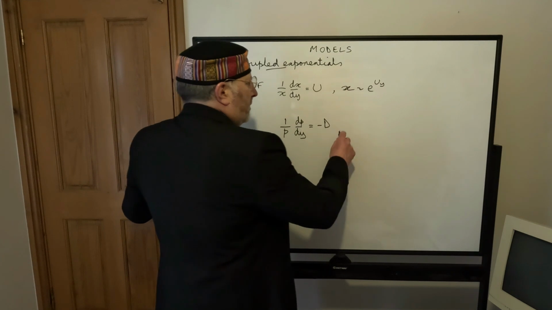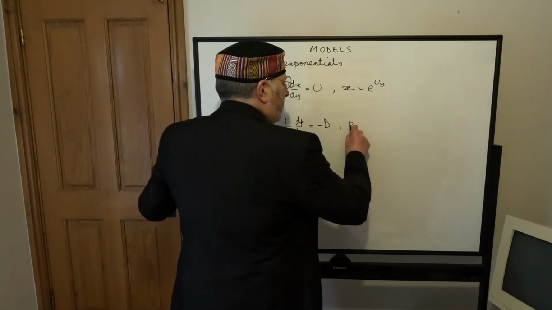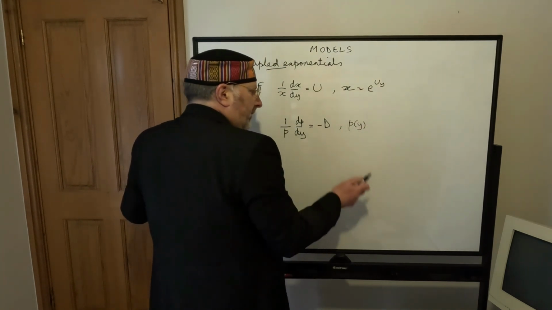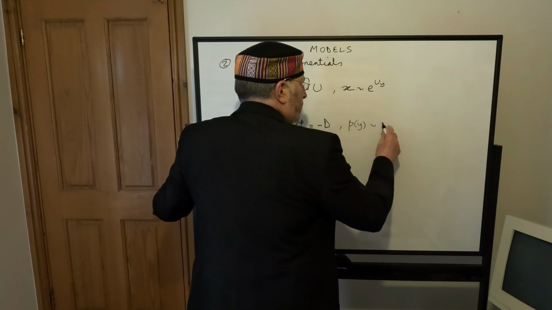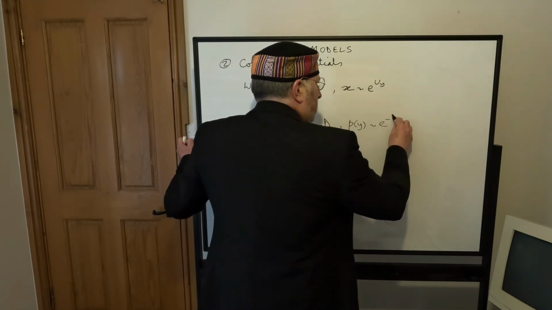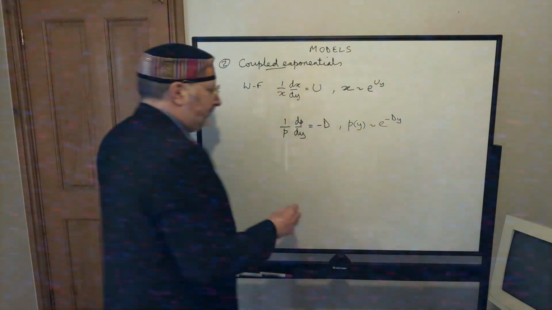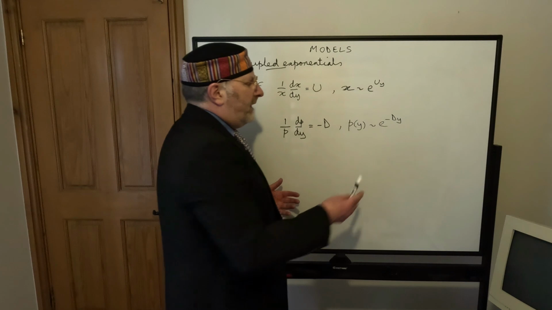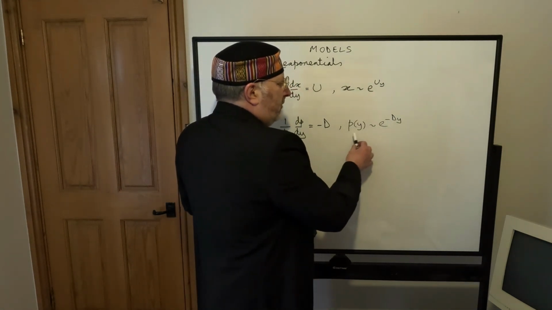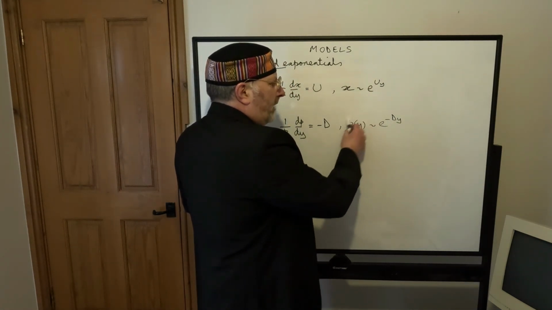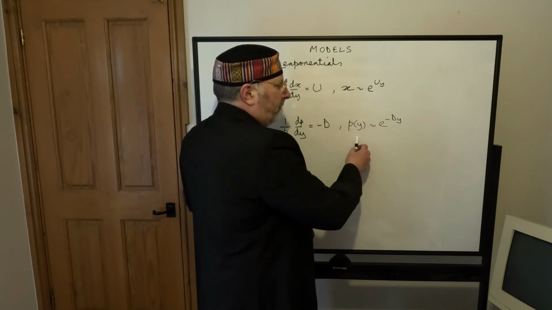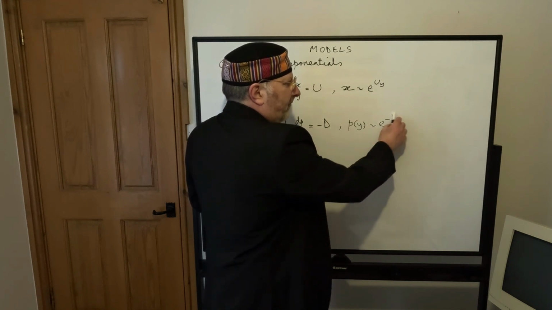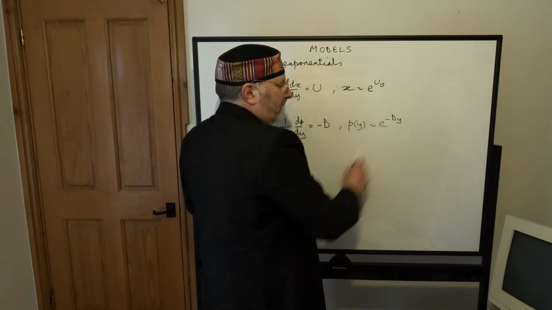So in this case, we know the solution will be the probability of y grievances being at stake in the war is proportional to e to the minus dy. And d represents diversification, because if d is large, it means that the probability of wars with large numbers of grievances is very small. This decreases very rapidly. If d is large, this will quickly decay to 0.